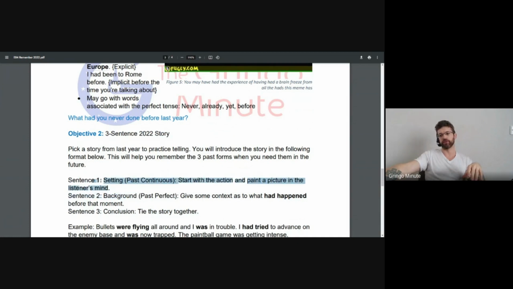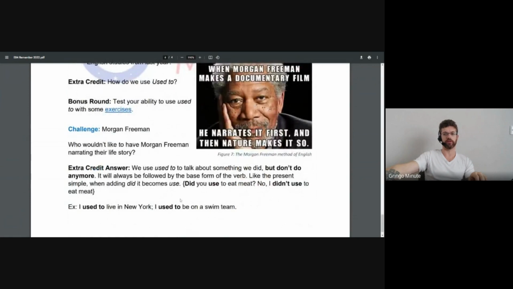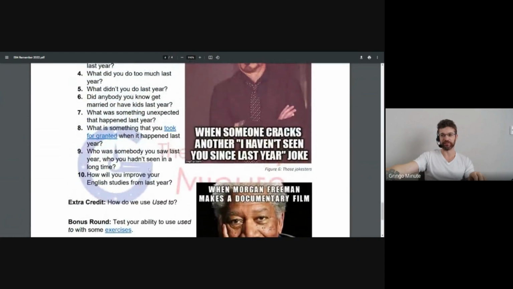So I was swimming when I saw a shark. I had been told there were sharks in the area. I got out of the ocean as quickly as possible. So A, B, C, finish it off. Do this a couple of times during your week, and you will be golden. As a bonus, I recommend you imagining Morgan Freeman narrating it, just because Morgan Freeman has an awesome voice, and it's just fun to imagine him narrating our lives.